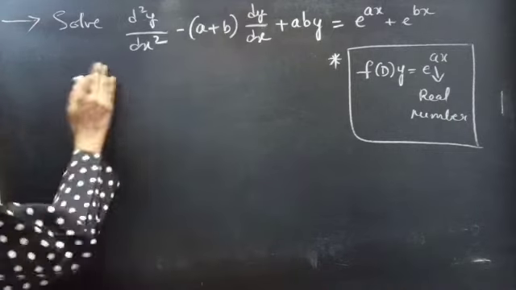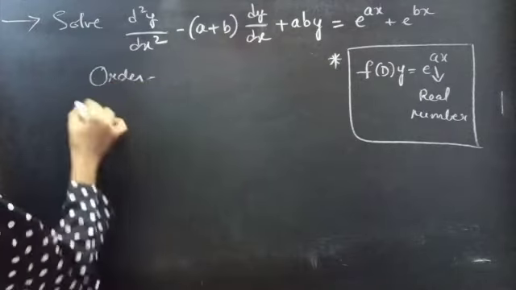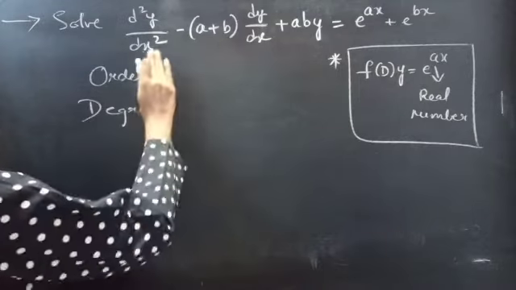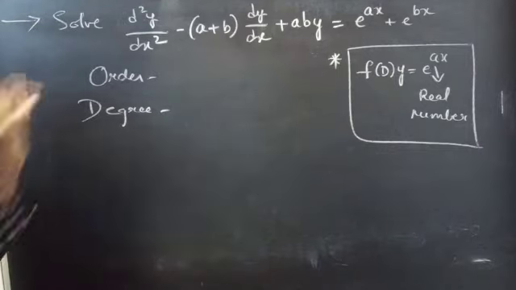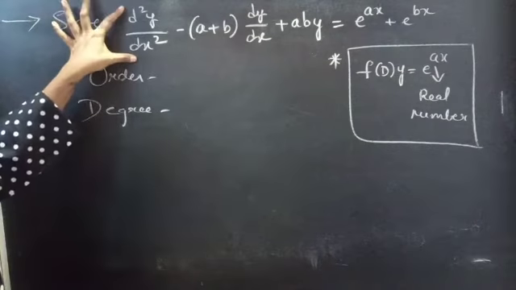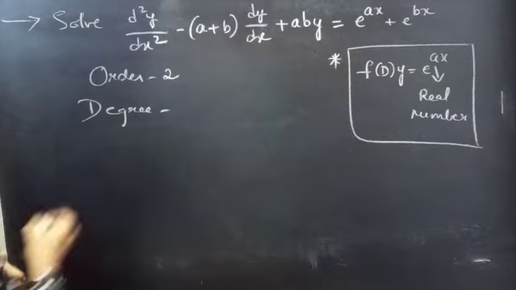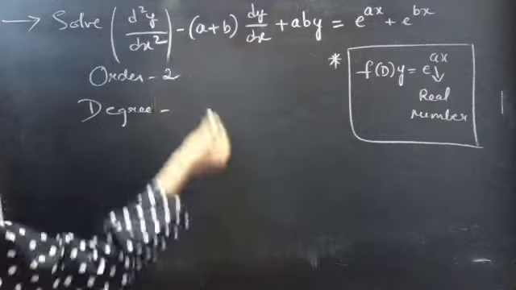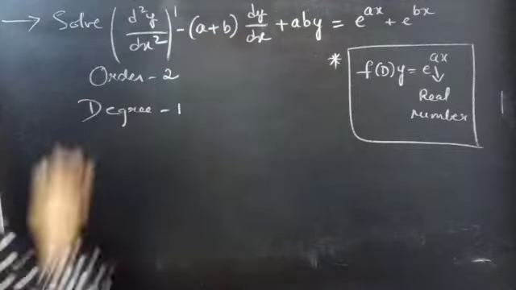Now let's first find the order and degree of the given equation. Identify the highest derivative. Here d square y by dx square is our highest derivative, so 2 will be our order. And the highest power of the highest derivative will be our degree.